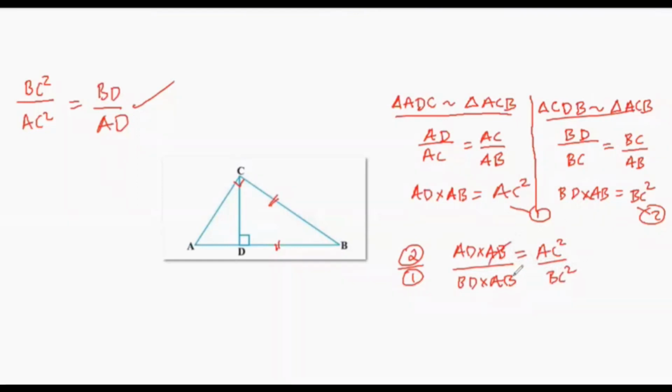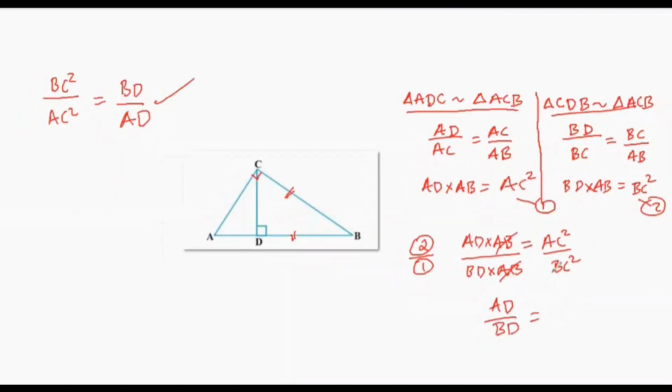What remains? AD by BD is equal to AC square by BC square. Okay, no problem. Then we can turn it. Just turn the denominator and numerator, you will get BC square by AC square is equal to BD by AD. Okay. So we proved it.